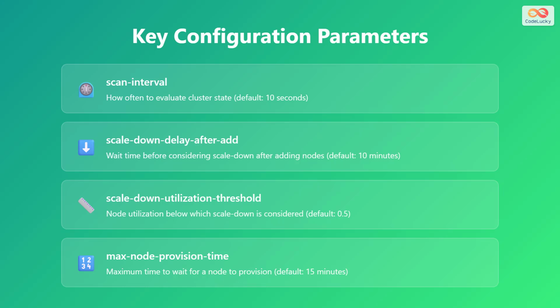The scale-down utilization threshold sets the node utilization level below which scale-down is considered, with a default of 0.5 or 50%. Finally, the max node provision time parameter defines the maximum time to wait for a node to be provisioned, defaulting to 15 minutes. Adjusting these parameters allows you to fine-tune the autoscaling behavior for your specific needs.